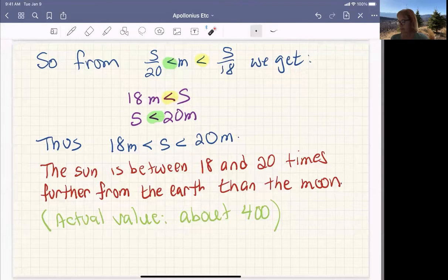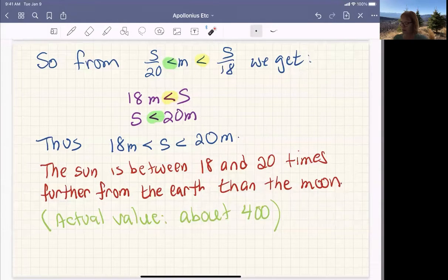And looking at the yellow inequality, if you multiply both sides by 18, you get 18m is less than s. Looking at the green inequality, if you multiply both sides by 20, you get that s is less than 20m.